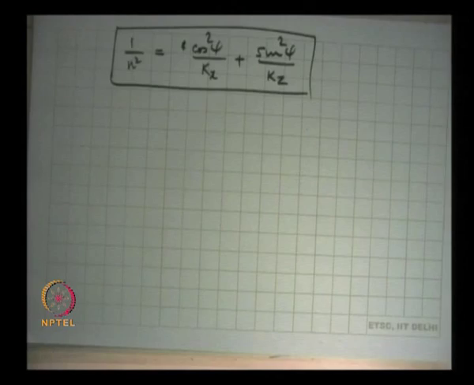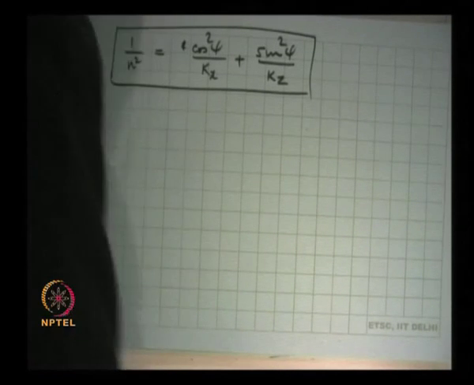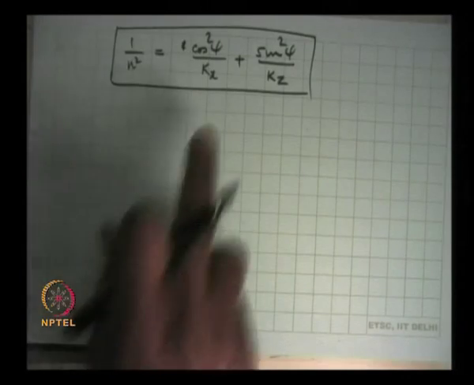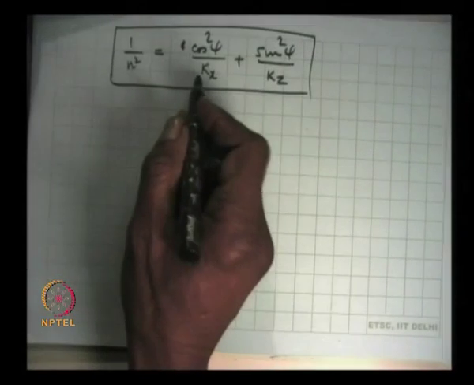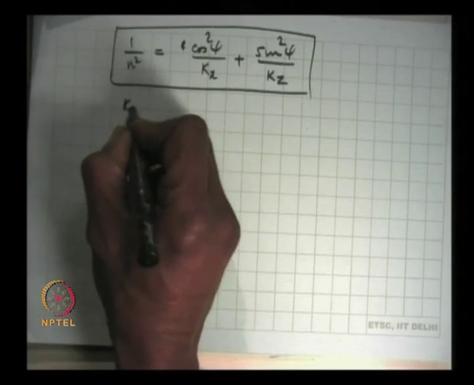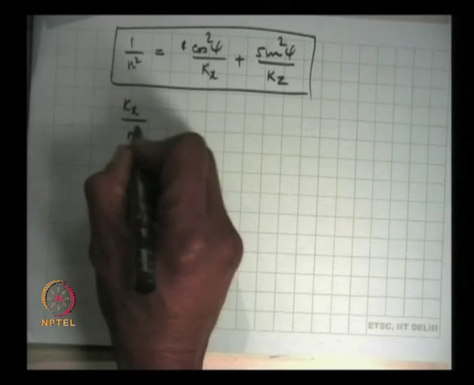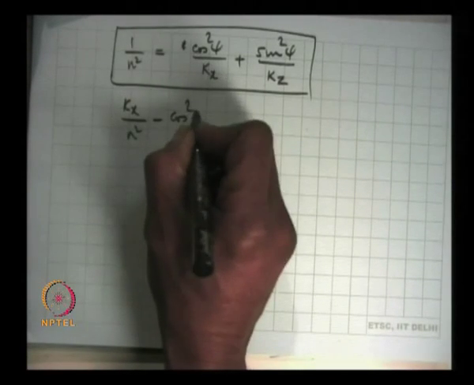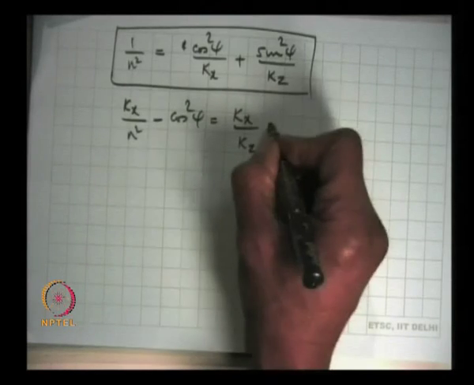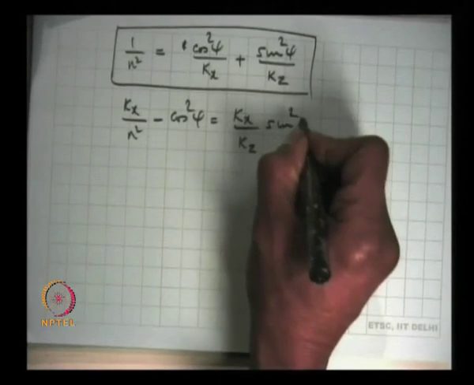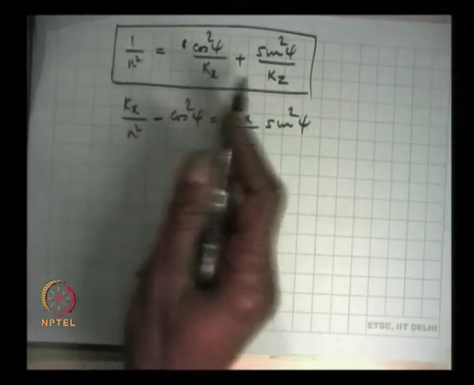And this has both E x and E z non-zero. So, let me look at the ratio of E x to E z. So, how do I get that? I substitute the solution into one of these equations. So, for example, k x by n square minus cos square psi from here, this implies k x by n square minus cos square psi is equal to k x by k z sin square psi. I just multiply by k x both sides.